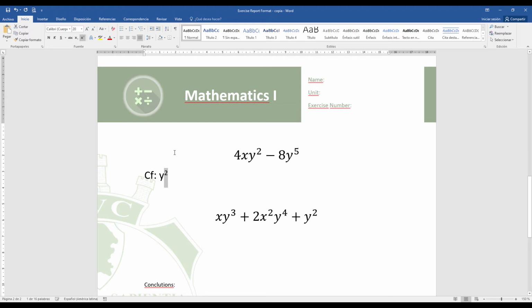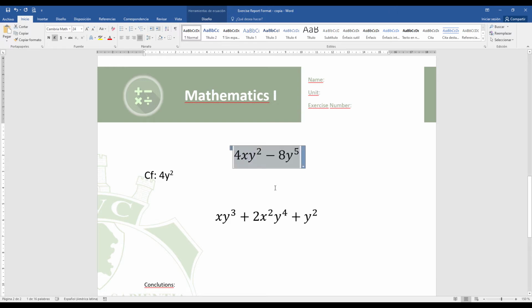So the lowest exponent is 2, and you need to look for the coefficient that divides both terms, and it needs to be the biggest coefficient. It can be divided by 2, but there exists another bigger, that is 4. So here is 4y squared.